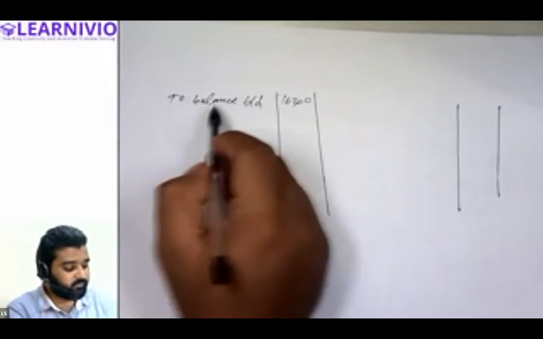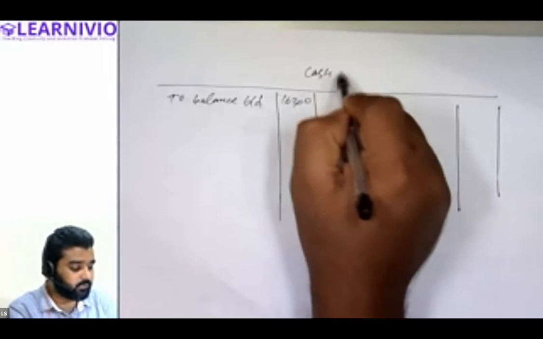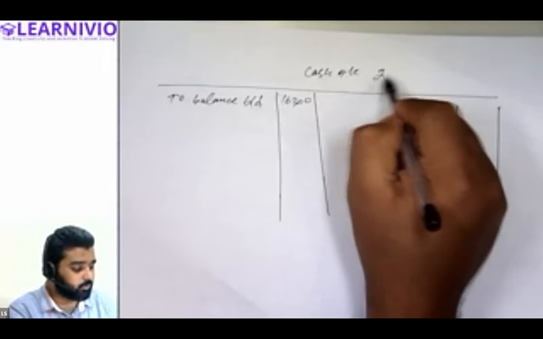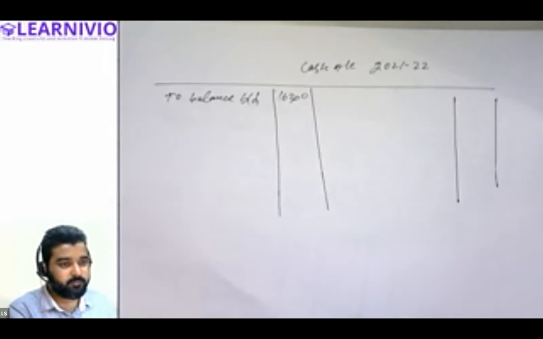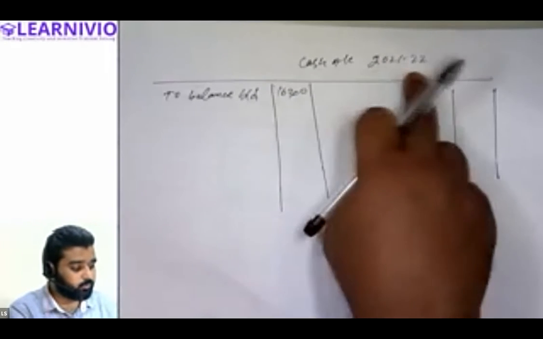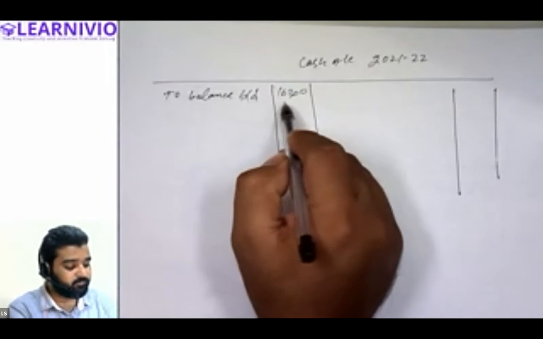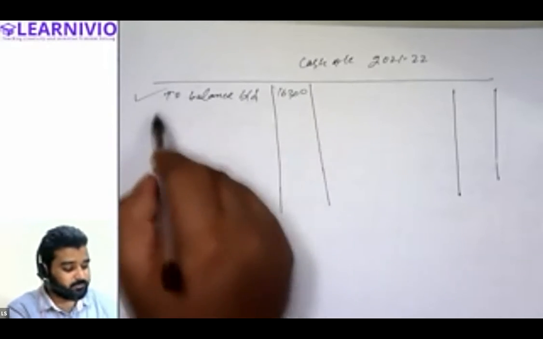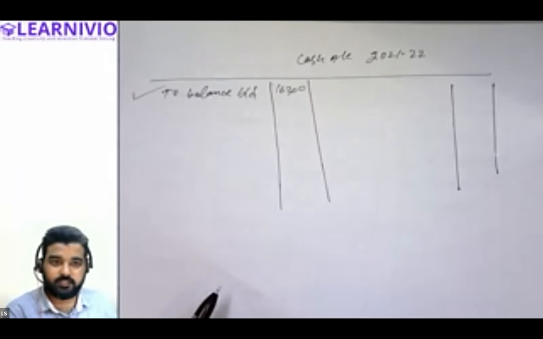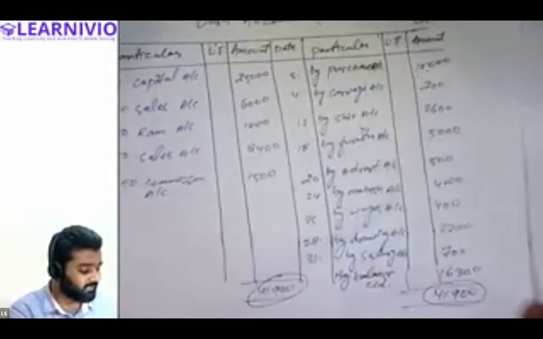This is what we will do in the next year when we make the cash account for the year 2021-22. We already have a certain amount of cash with us, right? So we will write it as to balance b/d. Is it clear, everybody? At the end of the year, whatever amount you are left with is called balance c/d.